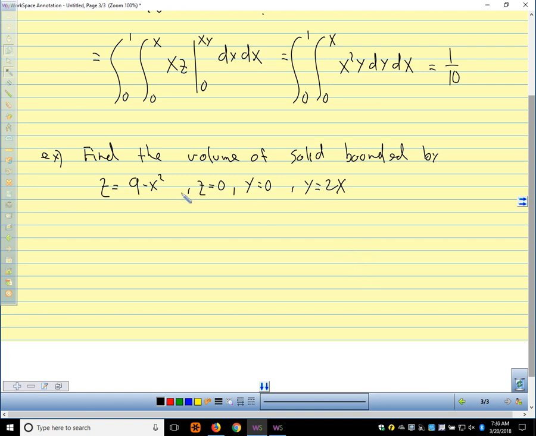So this is a region, z equals 0, y equals 0, and y equals 2x. That's defining a region in the xy plane. So what we're talking about is a volume beneath this surface, bounded by this region.